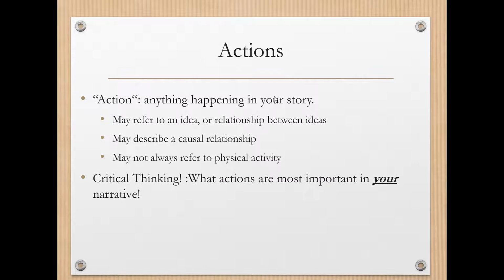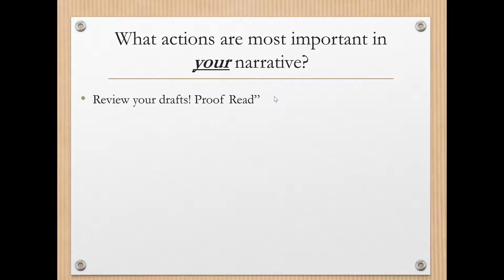When you look at your work, when you look at your writing, this is a point where you need to practice some critical thinking. What actions are the most important in your narrative? What questions can you ask yourself to find the appropriate action to put into the most powerful verb and the most powerful sentence? So first of all, review all your drafts.